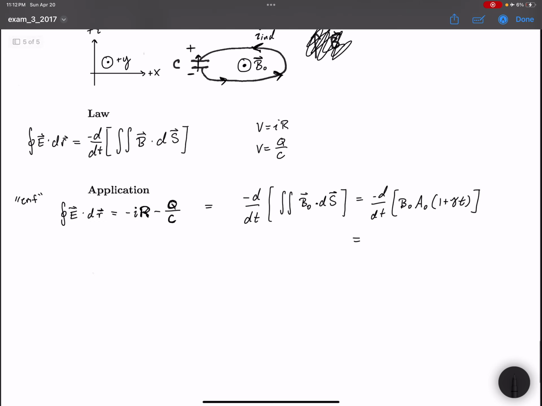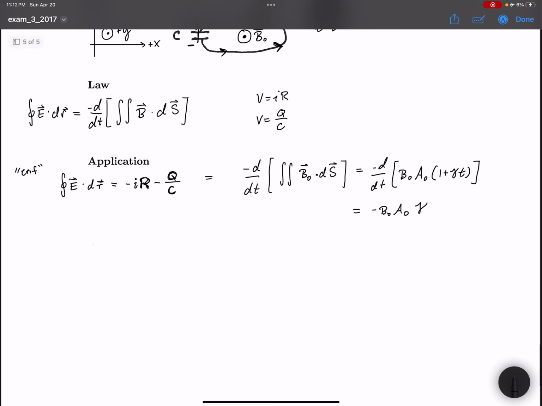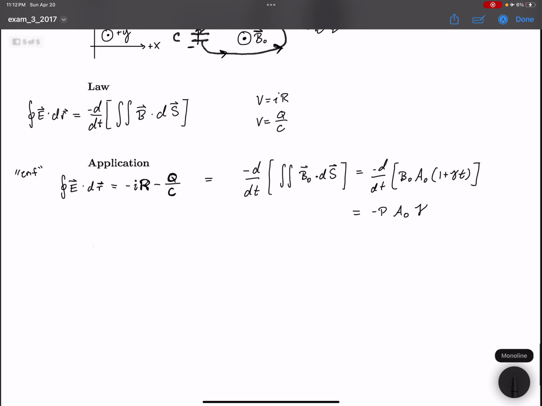Then we take the derivative, and we end up getting negative B naught A naught gamma. All right, we get that. And then now we set this equal to the left-hand side.